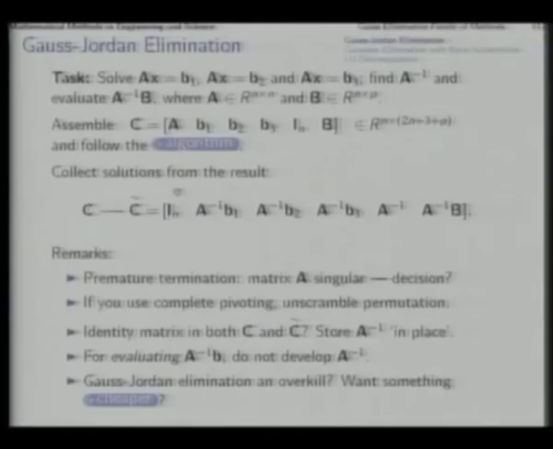C tilde, in which the first n columns will be identity. And what will be there in the next columns?